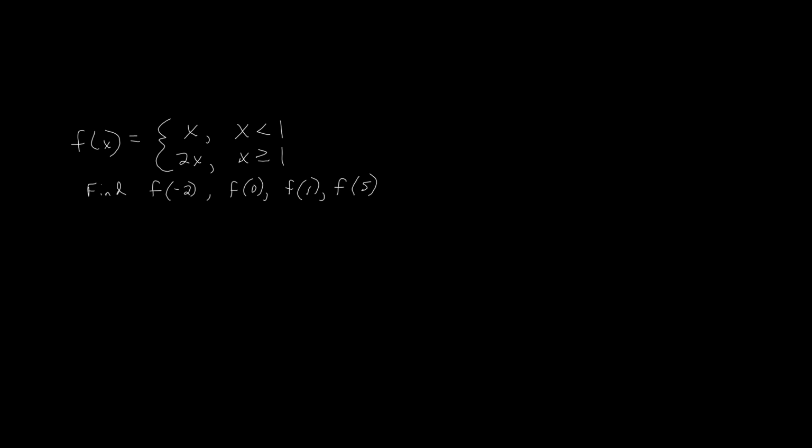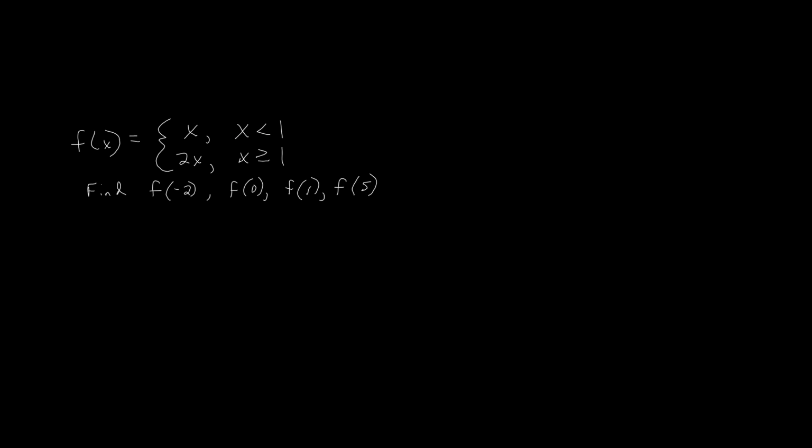Now, the only thing you have to wrap your head around is that it depends on what number we're plugging in. The first one is -2. This is saying to use the function f of x equals x if the number you're going to plug in is less than 1.